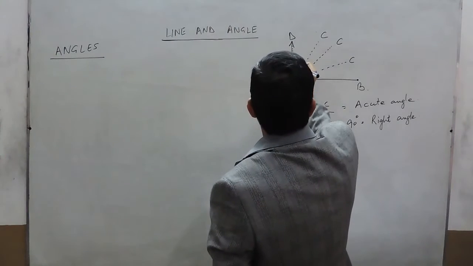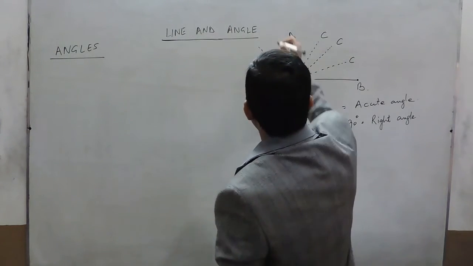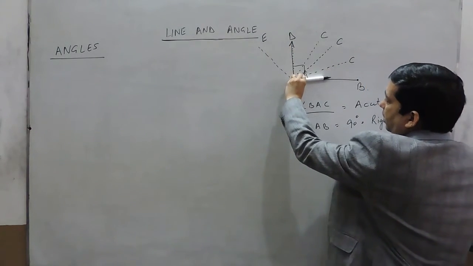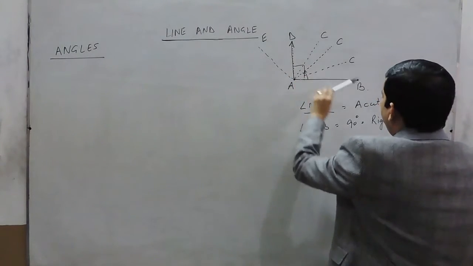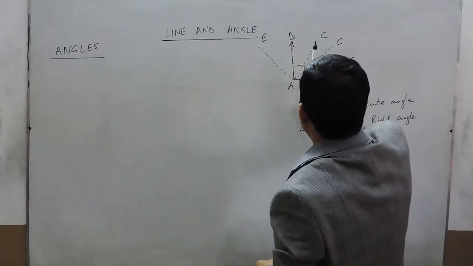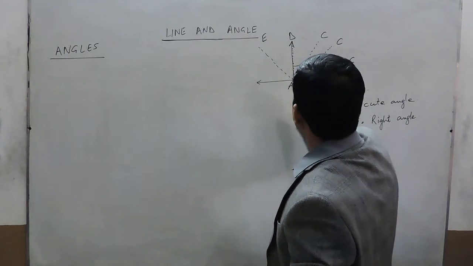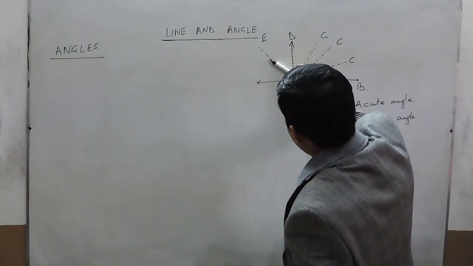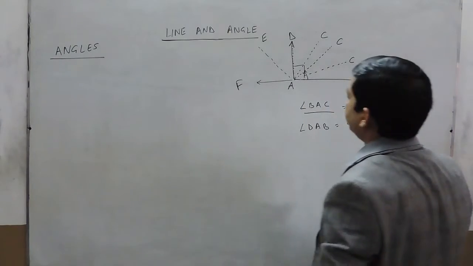If from 90 degrees we go towards a point E, and from here towards D, all the angle measurements in between will be considered acute angles. If from a point which is 90 degrees, or a right angle, we go in the same direction, we can go here, this way, and let's say this point is F.